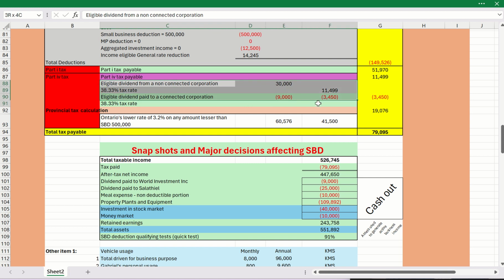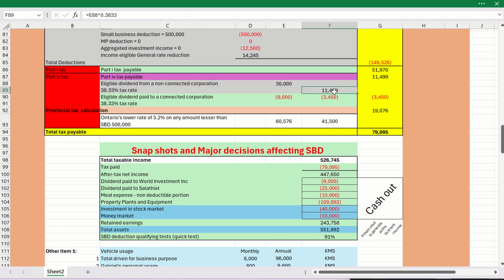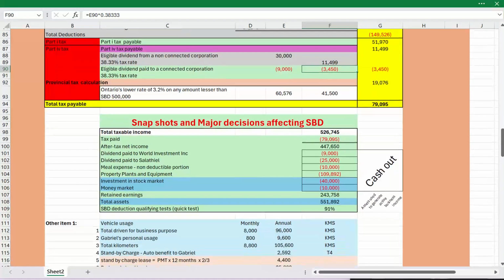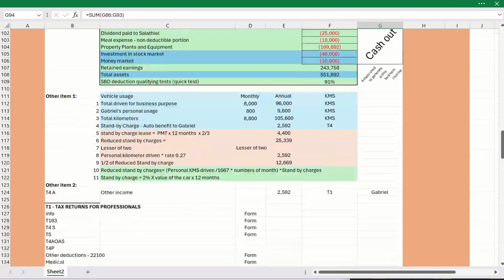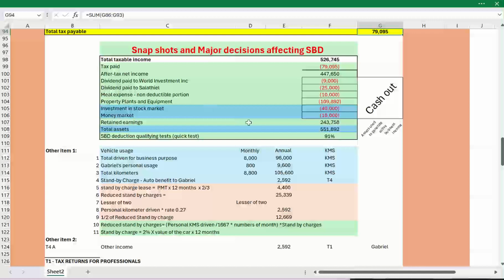So the 11,500 came from the dividend that we received, and 3,450 came from the dividend that we paid. Okay, and so the total tax payable is $79,995. Then we discuss the taxable amount that is affecting the SBD.